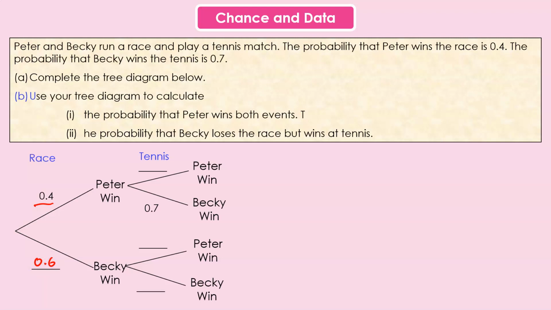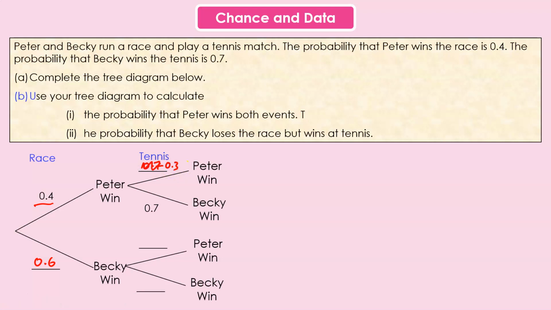Now for the next part, the probability that Becky wins the tennis is 0.7. So again, because it's more than 0.5, it's more likely that Becky's going to win the tennis. So we have to write 0.7 in. Sorry, 0.3.